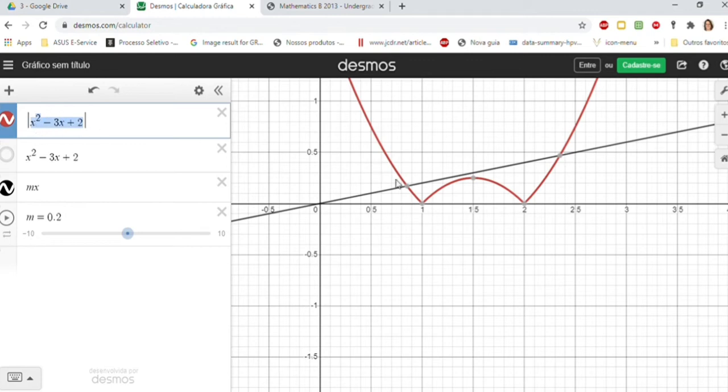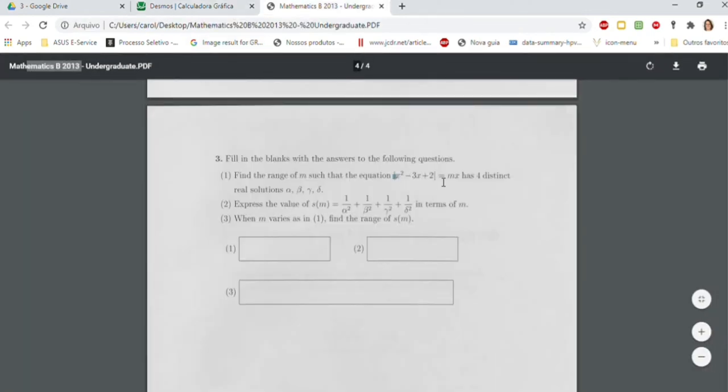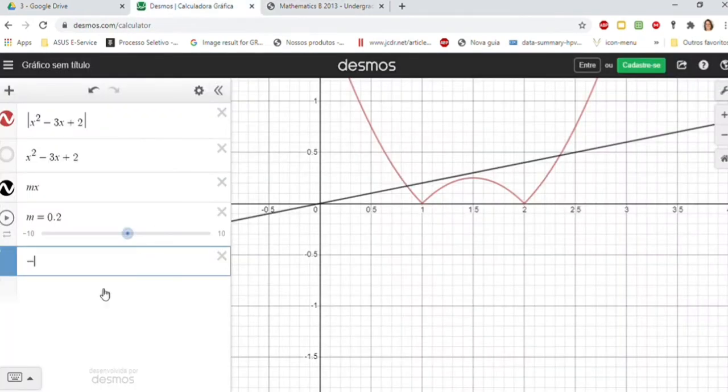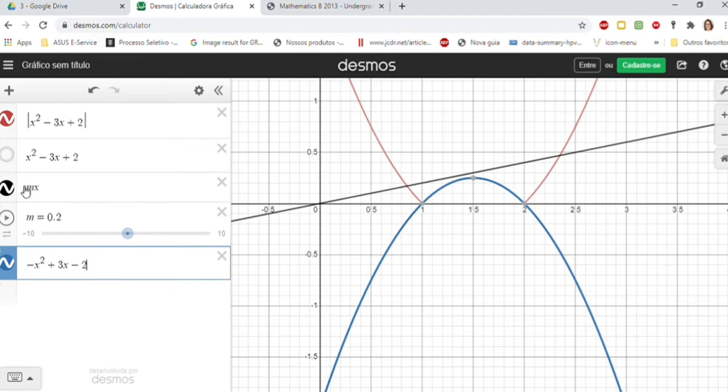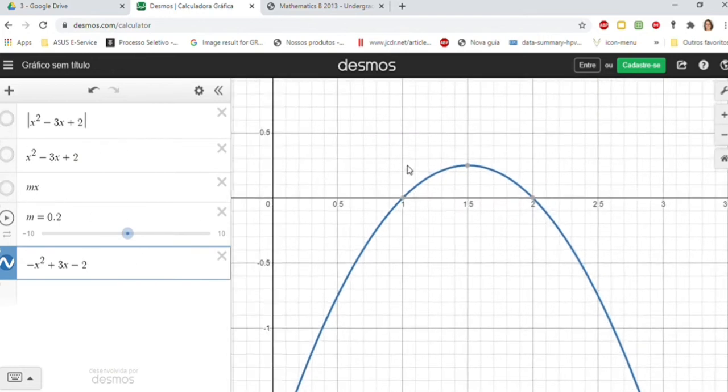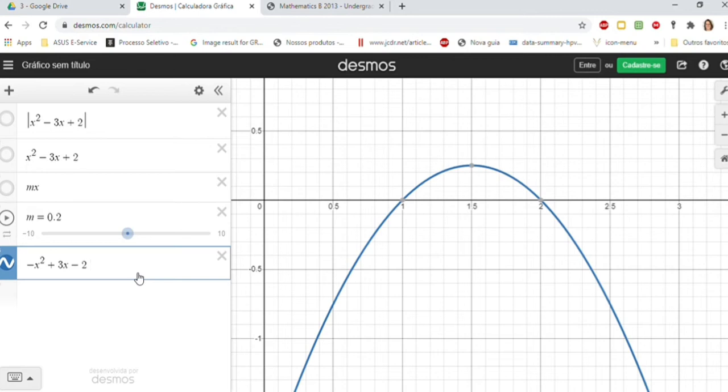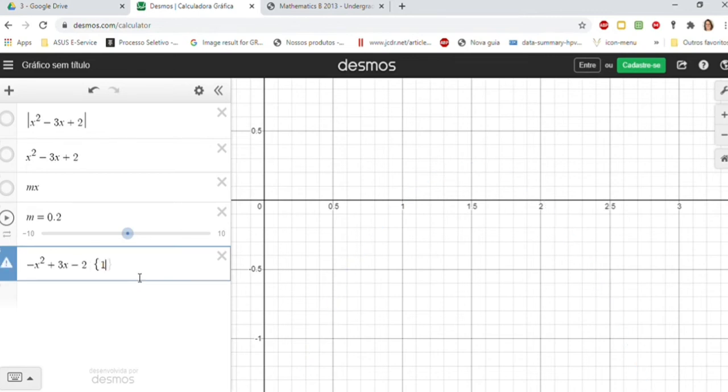So when it's between 1 and 2, it's going to be negative, right? So look, it's a modular function. When it's smaller than 0, you take it minus x squared plus 3x minus 2. You see? So it is this equation from x bigger than 1 and smaller than 2.